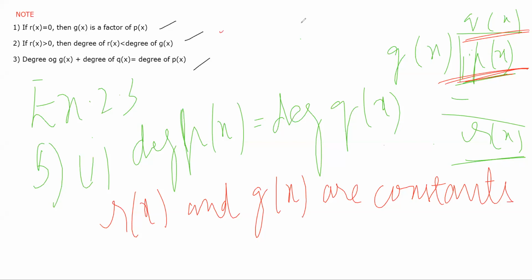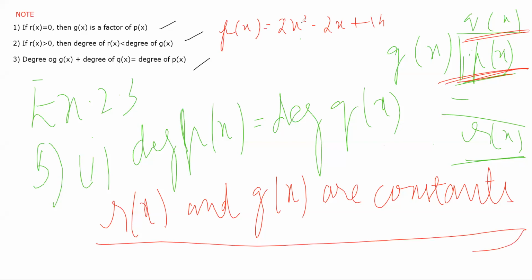So let's take p of x to be 2x square minus 2x plus 14. It must satisfy the division algorithm. If you take it in such a way, but you should know this concept, then you can find the examples, and you should make sure it is also satisfying the division algorithm.